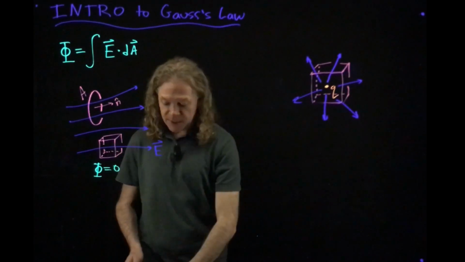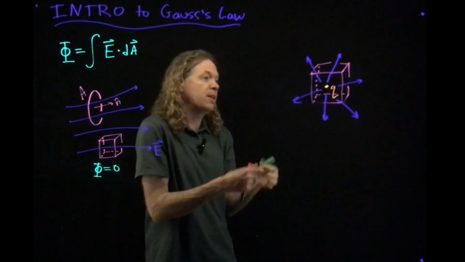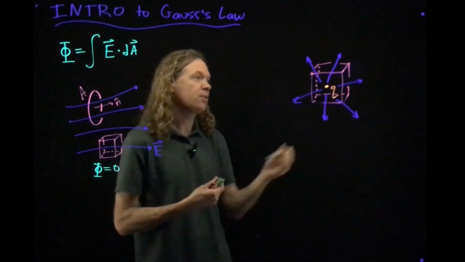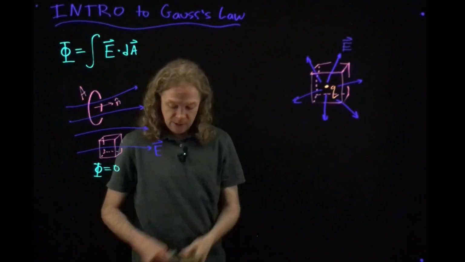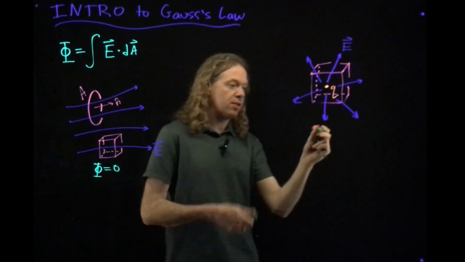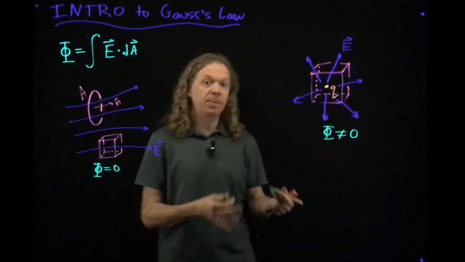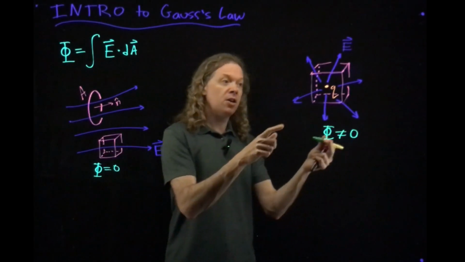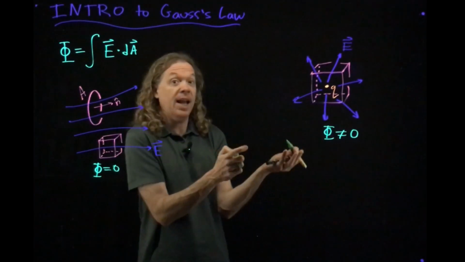But now it appears that the flux is not 0 through the area represented by the cube because all the arrows from the electric field are pointed outwards, right? Remember, this thing is the electric field. So the flux appears not to be 0 here. By the same argument that we had over here, all the electric field that goes in appears to go out. Here, no electric field is going in, it's all going out. So it appears that the flux definitely can't be 0 there.